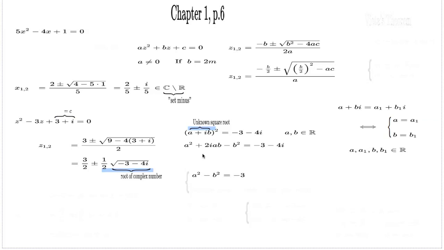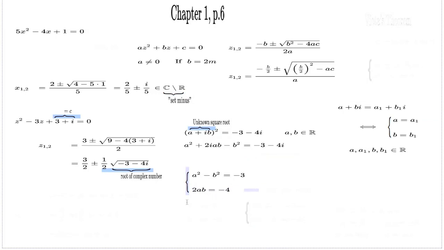Similarly, we identify the imaginary part on the left-hand side. Here it is, 2ab. We identify the imaginary part on the right-hand side, and we equate them. Here we go. So instead of looking at this complex equation, we will look at these two separate equations with real numbers only.